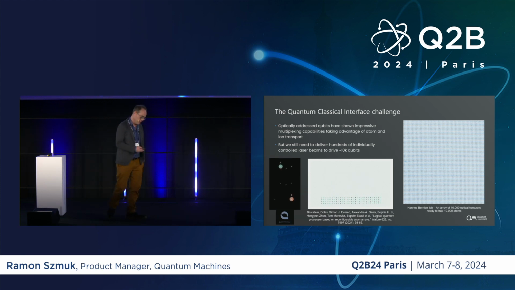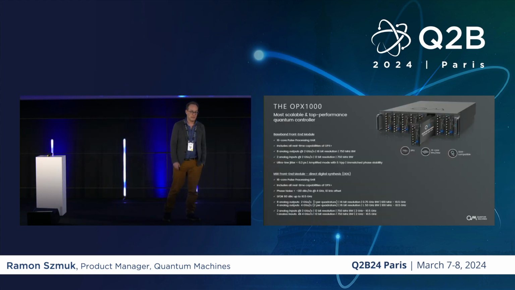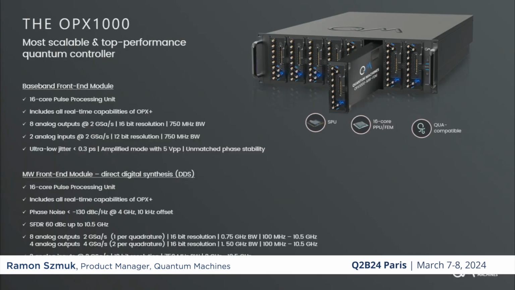So what do we do for solid state? We have the latest, the new quantum orchestration platform, the OPX 1000. It's a platform based on these OPX 1000, which are composed of front-end modules. It's a modular system that you can switch, put whatever module that you need.